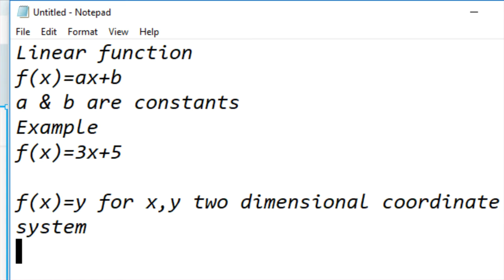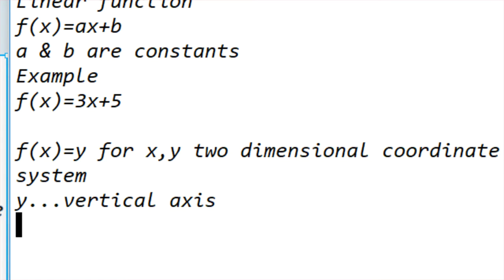That is to say, y is the vertical axis and x is the horizontal axis.